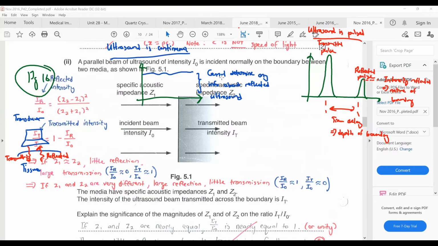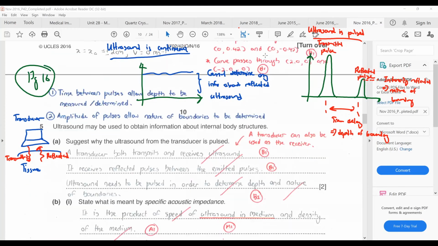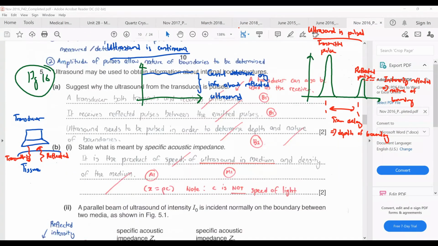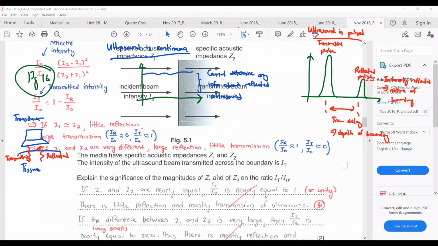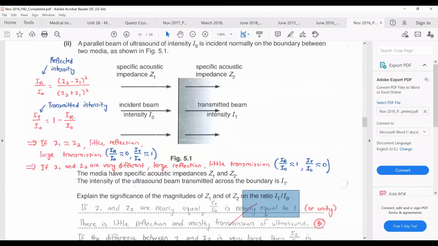Now for this particular case, it is talking to you about explaining the effect of the magnitudes of Z1 and Z2 on some sort of ratio. The one that you were used to talking about just now was IR to I naught, the fraction of reflected intensity. When you look at this one here, this is one medium, this is one medium, this is your boundary here.